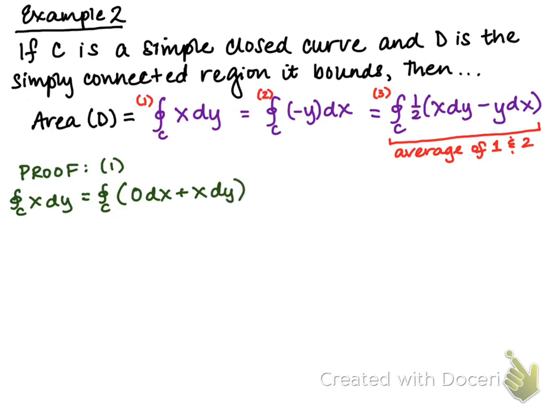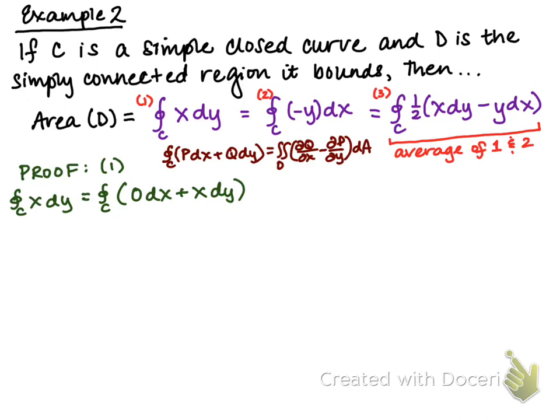Okay, so again, Green's theorem, let me just write it up here one more time so we remember what it looks like. Green's theorem says the positively oriented line integral over C of P dx plus Q dy equals the double integral over D of partial Q partial x minus partial P partial y dA.